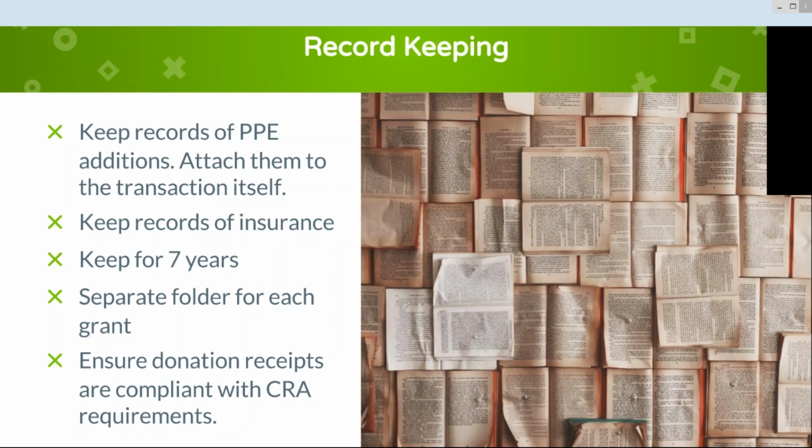So previously we saw examples of attaching the expenses to the actual bills. So in this case, use that feature to do that. Keep records of insurance, and again, keep for 7 years, separate folders for each grant. Ensure donation receipts are compliant with the CRA requirements. So we're gonna show that in a bit.